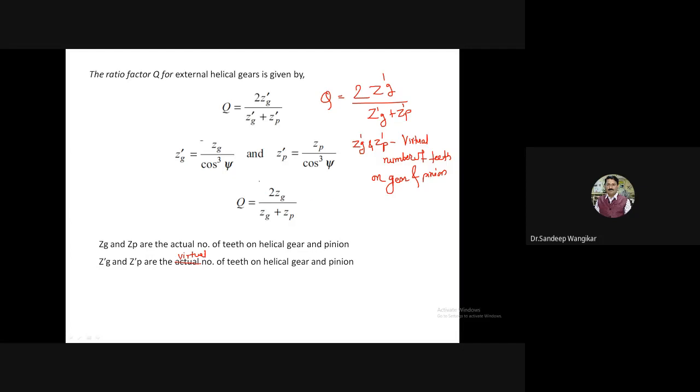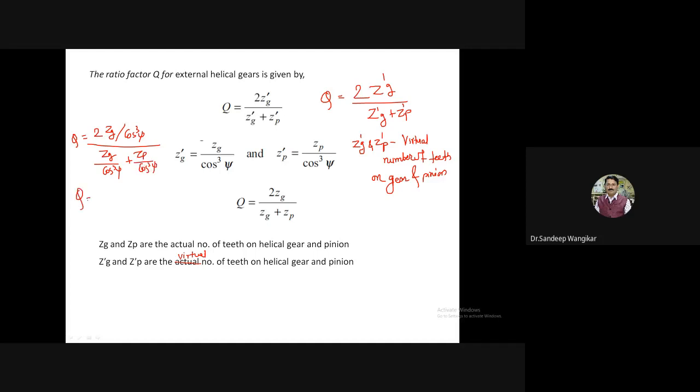So it is mentioned here z dash g is equal to zg divided by cos cube psi, and z dash p is equal to zp divided by cos cube psi. So if I substitute this value, q is equal to twice zg divided by cos cube psi, divided by zg divided by cos cube psi plus zp divided by cos cube psi.